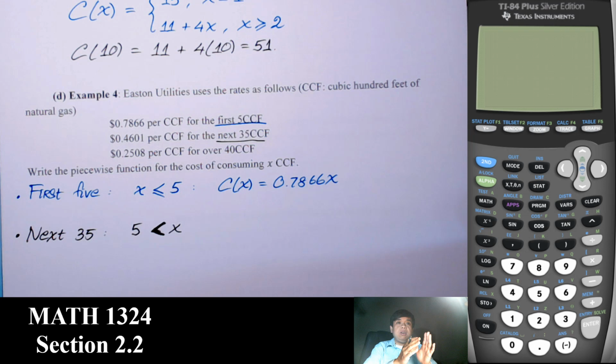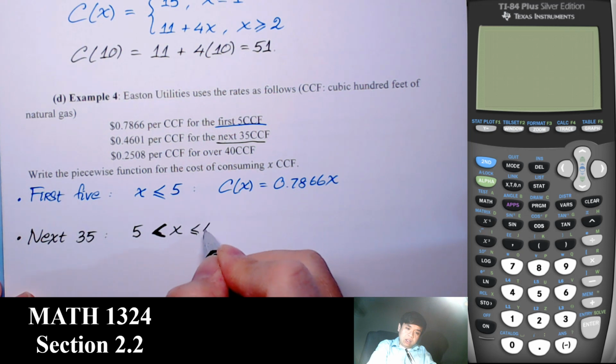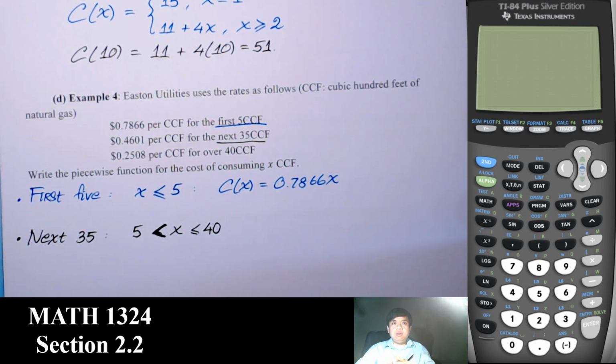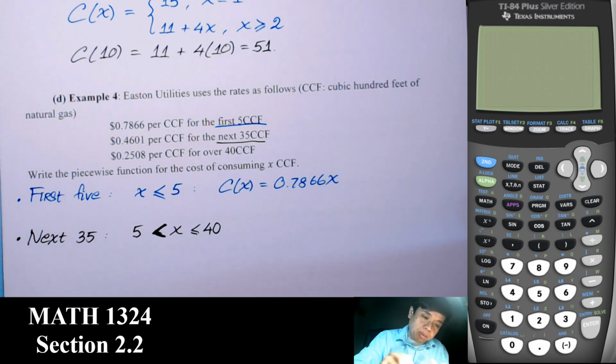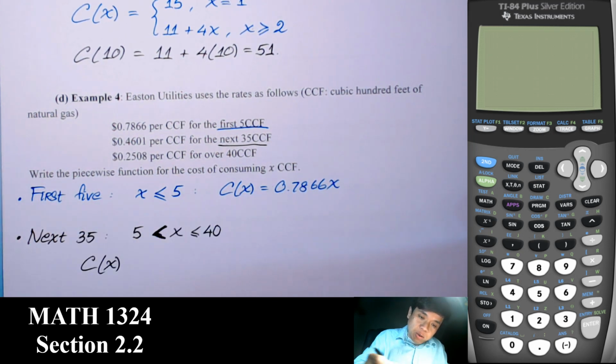So we start with 5. The next 35, 5 and then 35 will be 40. So this would be no more than 40, because that's only the next 35 after the first 5. Right. So in this case, the cost for the first 5 is going to be this much.